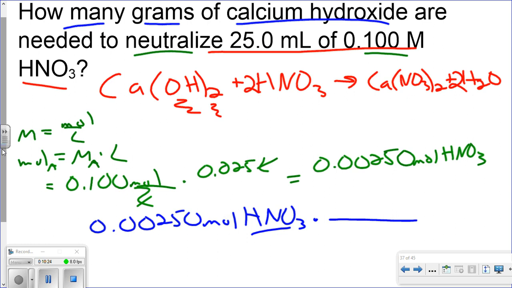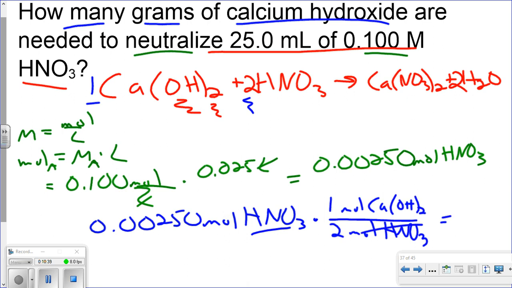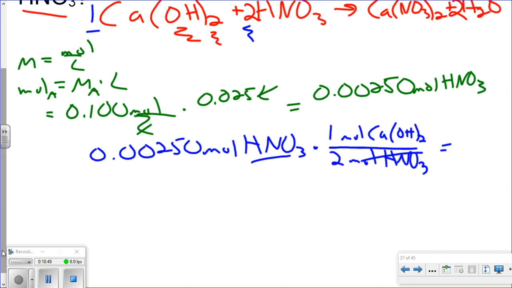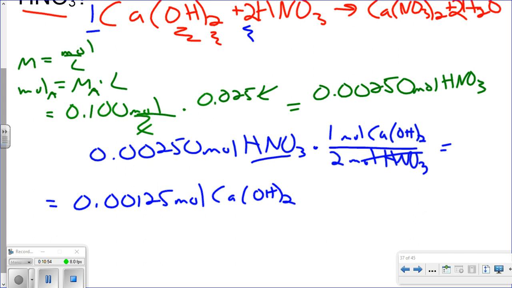So let's use a mole ratio to get to that. So this says I'm going to have 2 moles of HNO3 to convert to 1 mole of calcium hydroxide. So we need to divide this by 2. And that should give us 0.00125 moles, but not HNO3 anymore, calcium hydroxide.